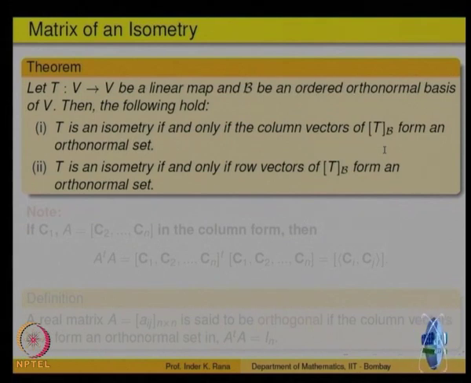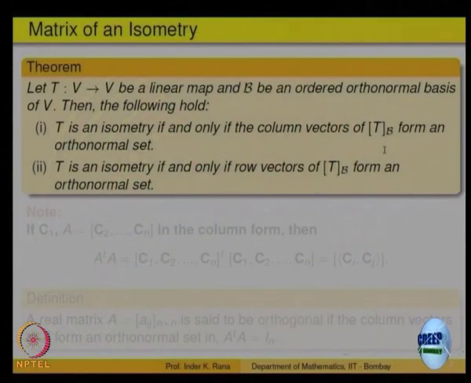Here, if the starting basis is orthonormal and if T is an isometry, one can show that the column vectors are actually orthonormal. They are perpendicular to each other and norm is equal to 1. So, that is a special property of a linear transformation when you get its matrix with respect to an ordered orthonormal basis. We will not write the proof of that, but it is a very nice property.